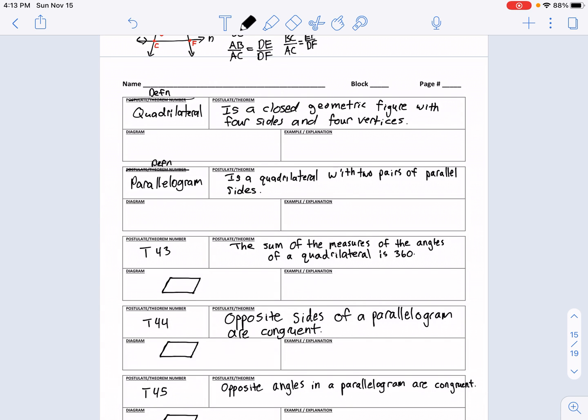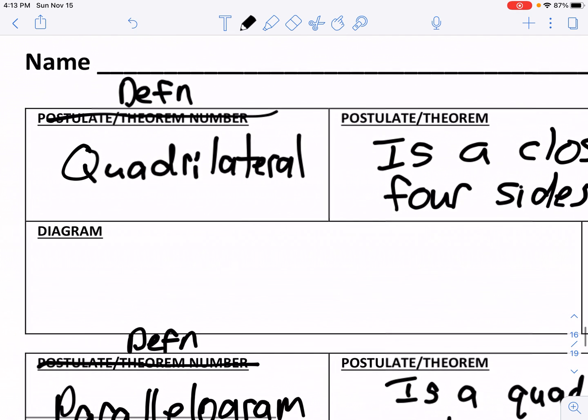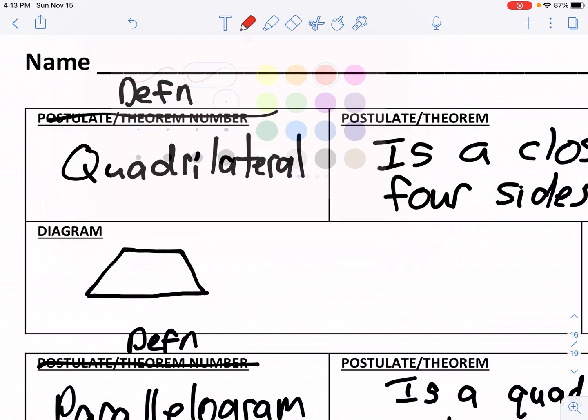The first definition we're going to look at is a quadrilateral. It's a closed geometric figure with 4 sides and 4 vertices. That makes sense because quad means 4 and lateral means sides. It could look something like this one here. Notice there are 4 sides and 4 vertices.